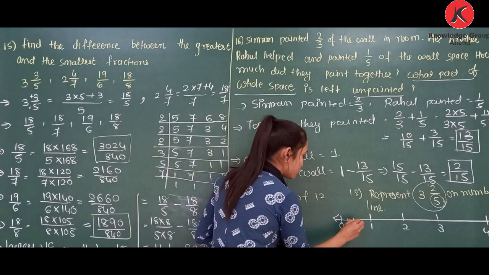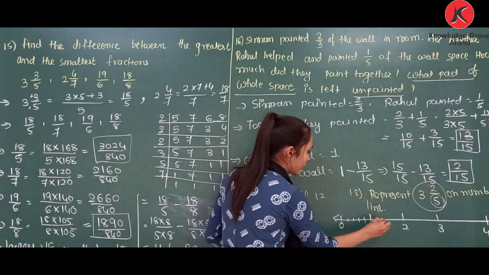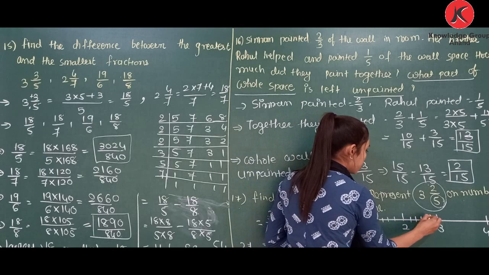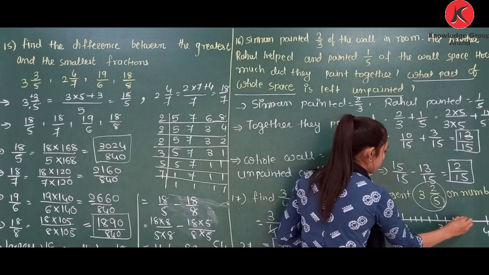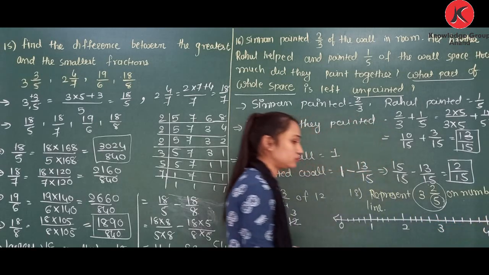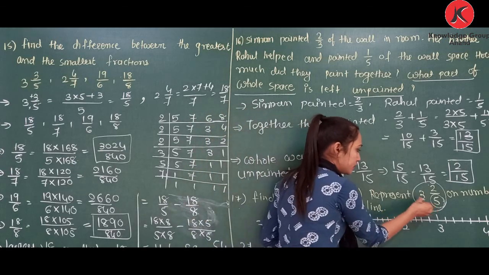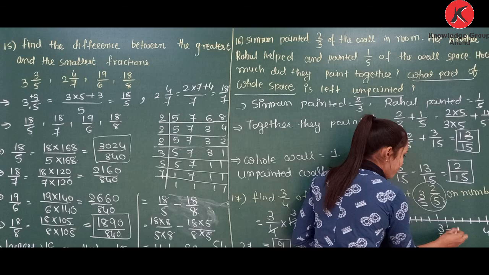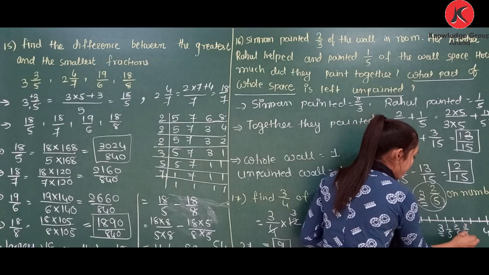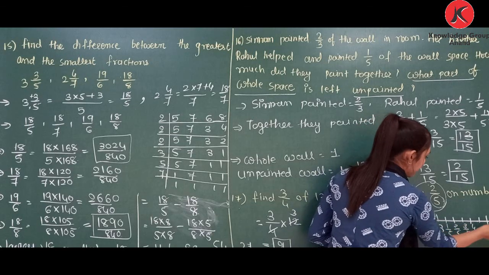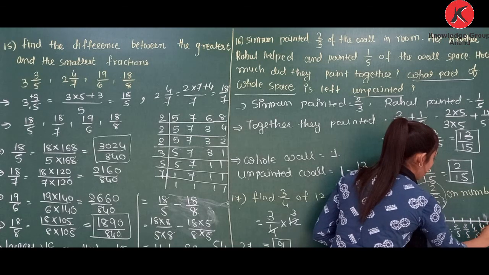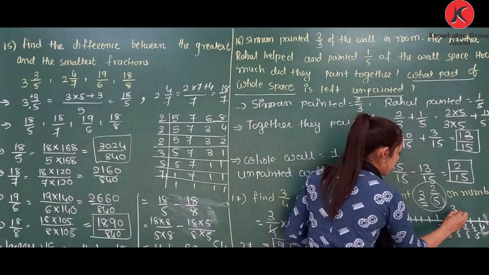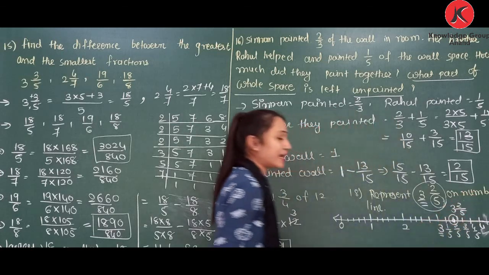So 1, 2, 3, 4 and 5 for each part. So 3 is the whole number. Now this part is 1 by 5, 2 by 5, 3 by 5, 4 by 5, and this is 5. So here 2 by 5 is here. So 3 2 by 5 can be represented like this.